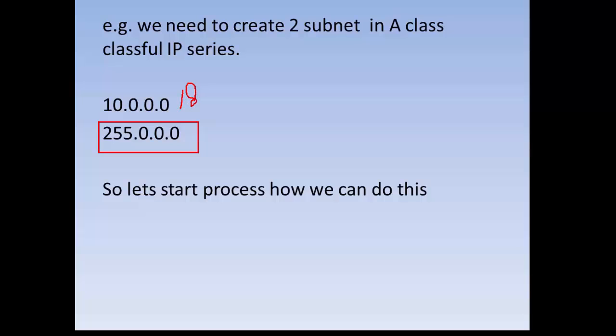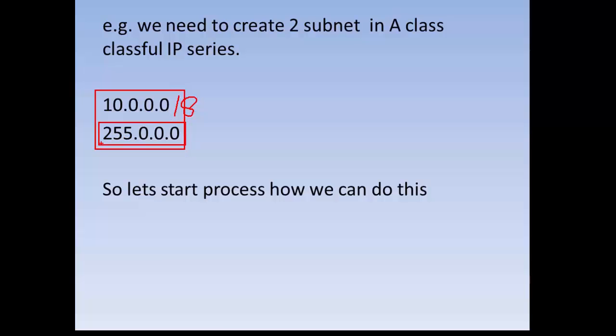When we do the routing also, it will represent like this. So what is this 8? Either we can write the subnet mask in this way, 255.255.255.0, or we can also write it like this way, /8. So this is known as the CIDR.